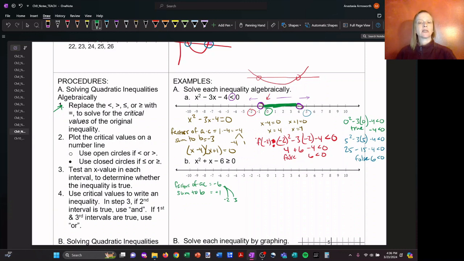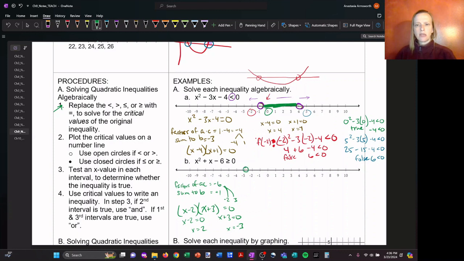Those multiply to -6, and if I add those two together I get +1. So my factored polynomial would be x minus 2 times x plus 3 equals 0. And so either x minus 2 equals 0 or x plus 3 equals 0, which means that either x equals +2 or x equals -3. So those are going to be my x-intercepts, my solutions to the quadratic equation.